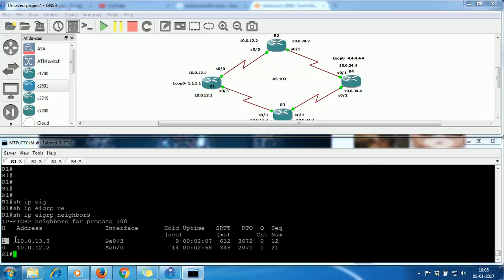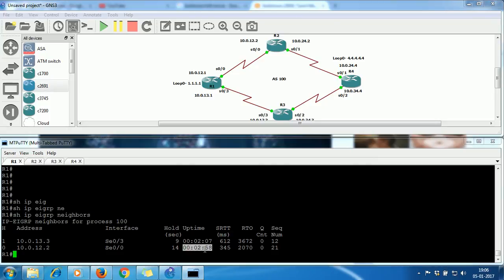For example, if I have one more router and I make some configuration so that my router forms a neighbor relationship with that new router, the number will get incremented one by one. That means which is the first neighbor, which is the second neighbor. Like that, it starts incrementing from zero. Here we can get the uptime. That means this neighbor has been up for 2 minutes 7 seconds.